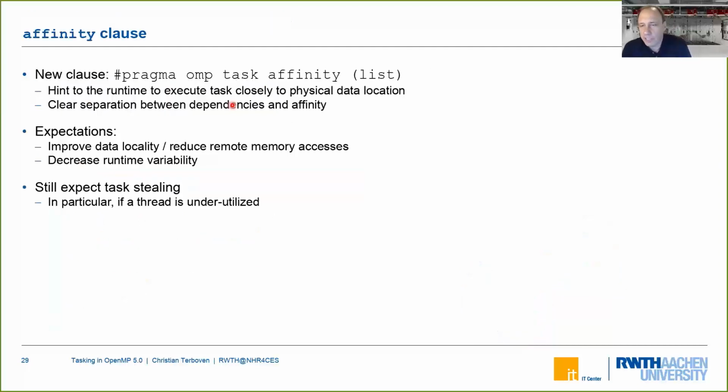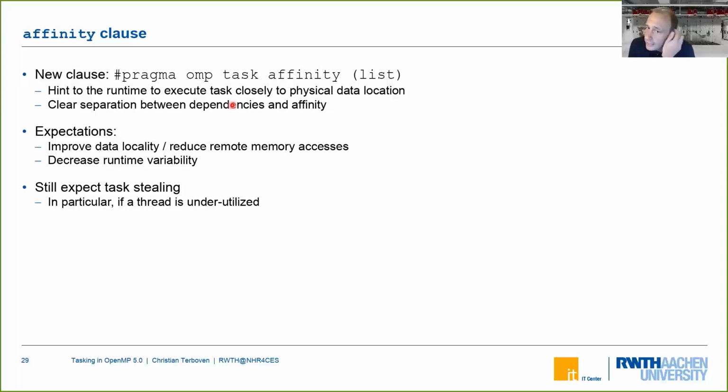Similarly, there's affinity. For many years, we heard in our tutorials, after introducing support for NUMA and then introducing support for tasking, how do I combine this? There are good ways to do so, but for some applications, admittedly, as soon as you introduce tasking, data affinity on NUMA systems and so forth might become an issue. This is why the affinity clause has been introduced.